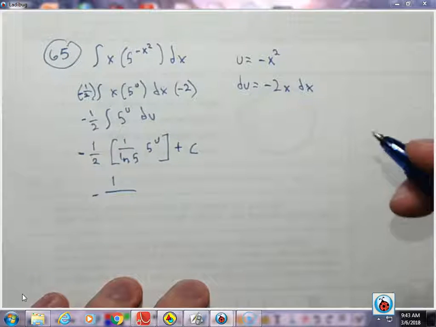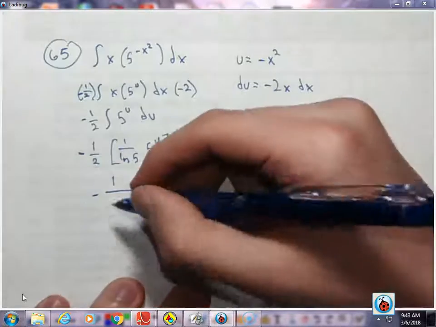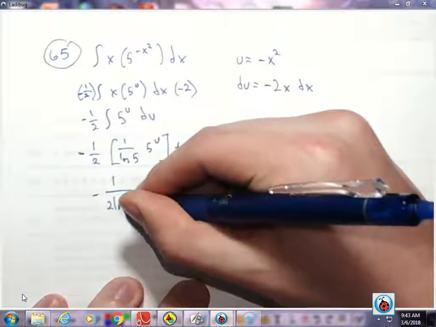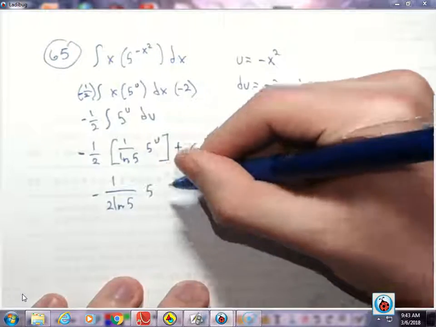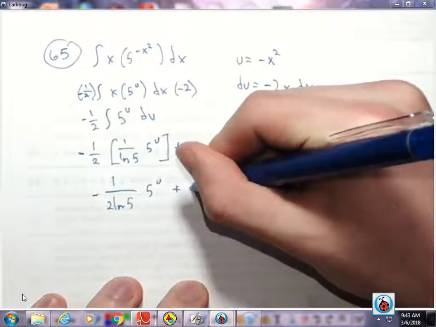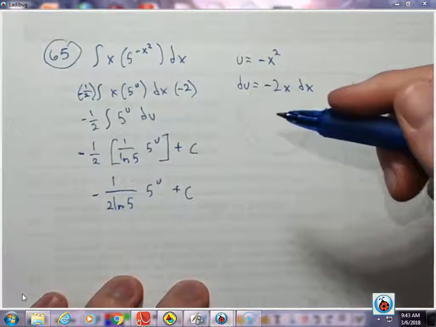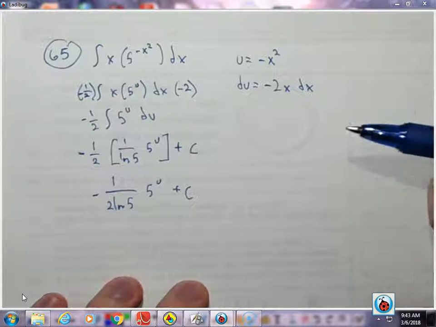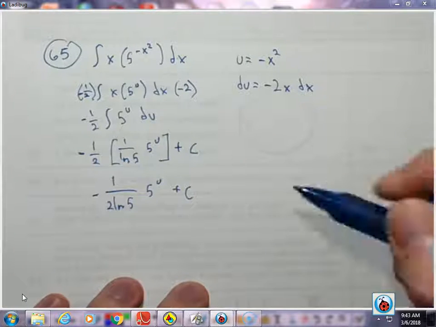You're fine. Keep going. Okay, so you've got negative 1 over 2 ln of 5 times 5 to the u plus c. And then you're probably going to have to substitute in that u, seeing as it's a u, and you know what u equals.